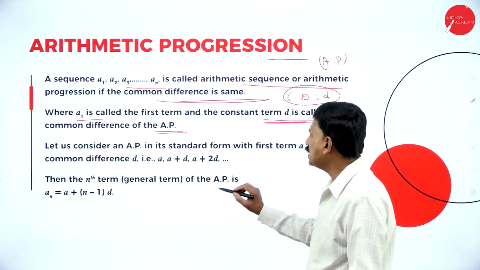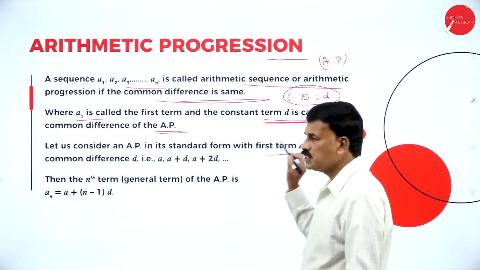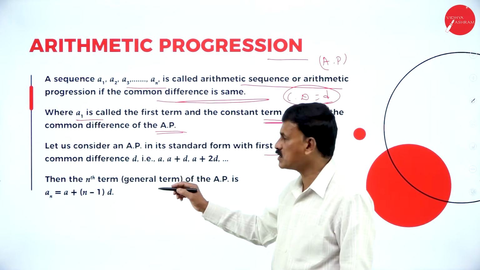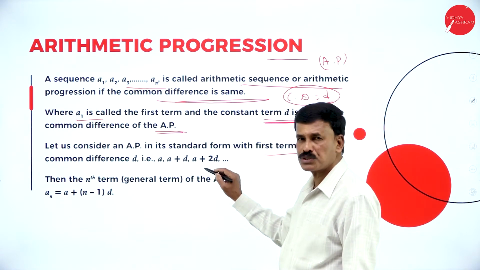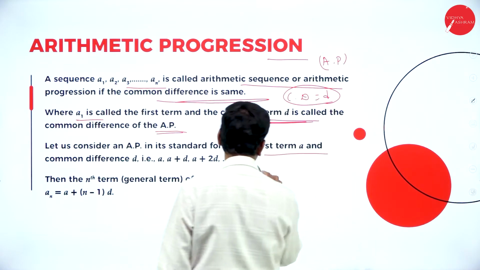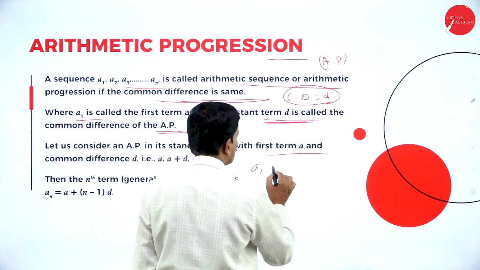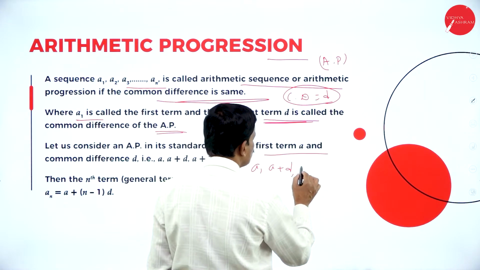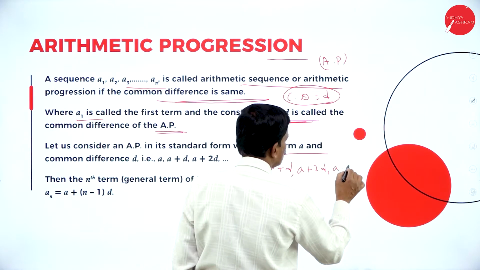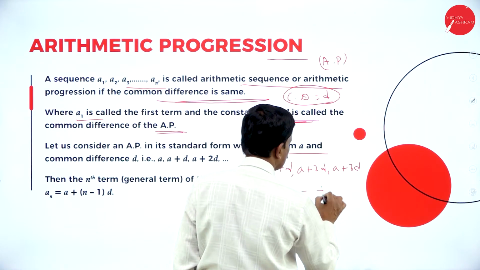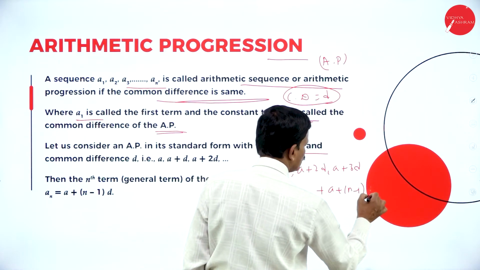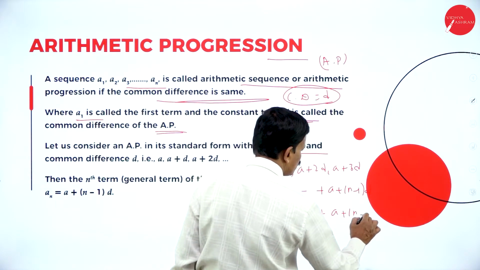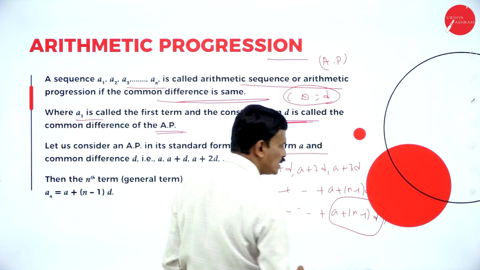Now, let us consider an AP in the standard form. If A is the first term and D is the common difference, then the terms of the sequence are A, A plus D, A plus 2D, A plus 3D, etc., up to A plus N minus 1 into D. Here, the last term A plus N minus 1 into D is called the nth term.